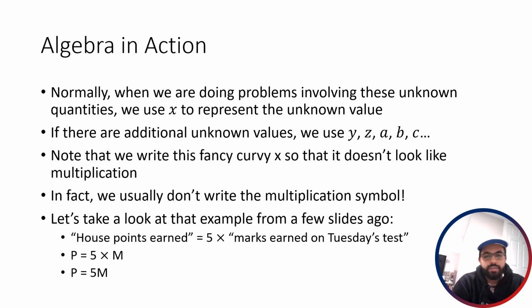So yeah, just a couple of final points I wanted to add in. Normally when we're doing these problems involving these unknown numbers, these unknown quantities, the unknown value is represented by the letter X. And it's this weird little italicized, curvy X. When you're handwriting it, I tend to write it a little more neatly than this, because I'm writing on the computer with my mouse, but it's almost like a backwards C connected to a forward C, joined in the middle, right?